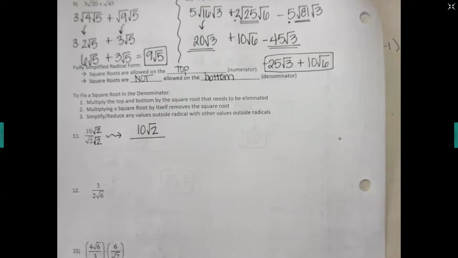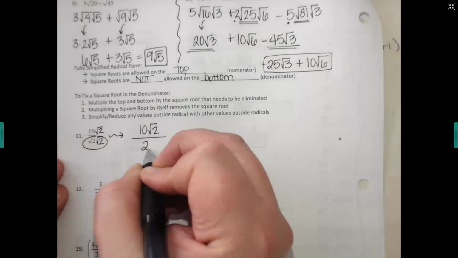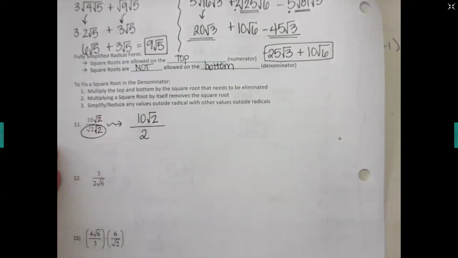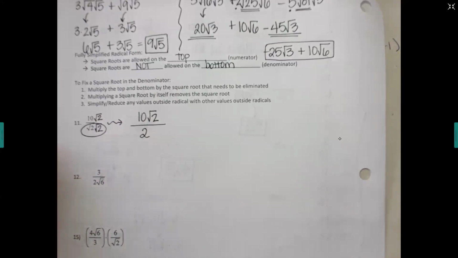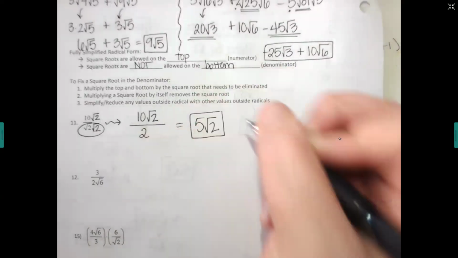So when you multiply a square root by its own self, you're just going to keep the number from the middle, the square root will cross out. Now from here, I have two numbers that are on the outside. That means that I can multiply or divide them. Which one will I do here? 10 divided by 2 is 5 root 2.